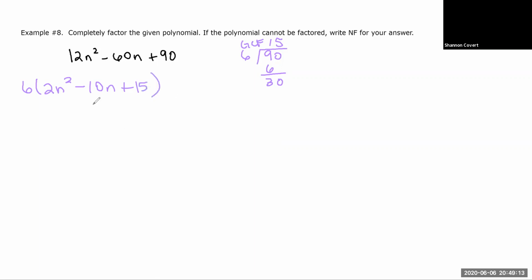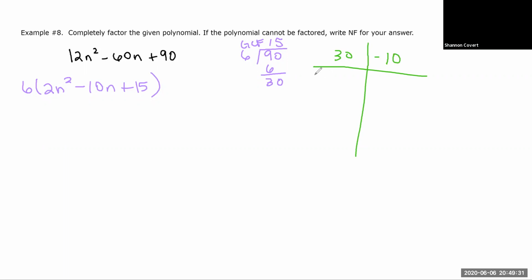All right, not quite done. We need to make sure that we don't have a trinomial here that's factorable. So we're going to do the AC method. 2 times 15. I'm going to look for two factors of 30 that when I add them together give me a negative 10. So they're both going to have to be negative.